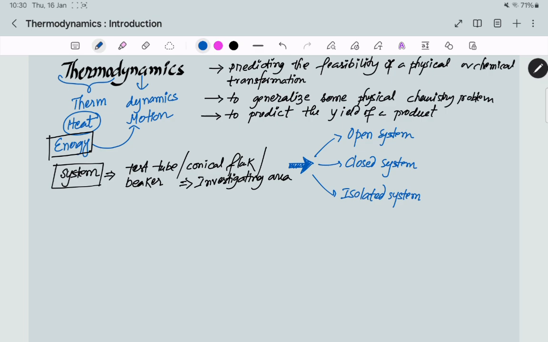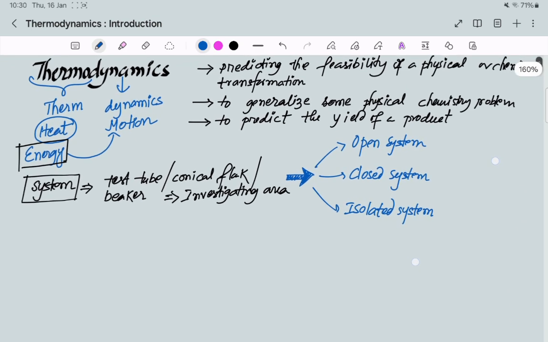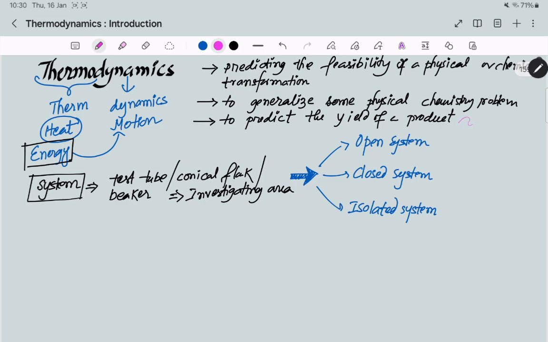Now I will explain it in terms of two things: the exchange of mass and the exchange of energy. We classify the system with respect to the exchange of mass and energy. In an open system, mass and energy both can be exchanged between the system and the surroundings.